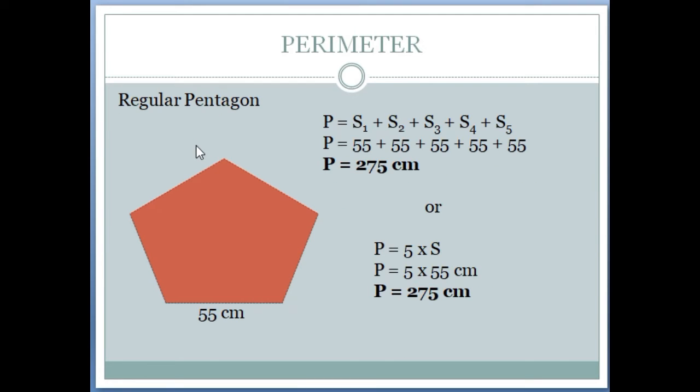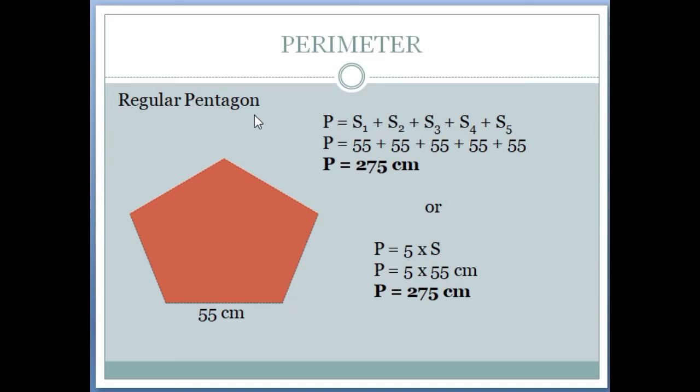So, yung next natin is a regular pentagon. So, pentagon naman has 5 sides. So, gagamitin nating formula is P is equal to S of 1 plus S of 2 plus S of 3 plus S of 4 plus S of 5. So, as you can see, hanggang 5 tayo. It is because pentagon has 5 sides.